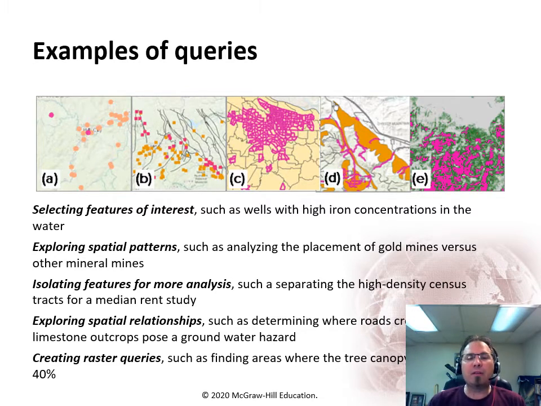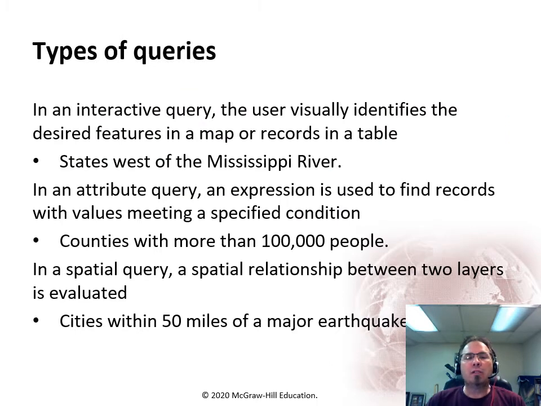All right, so this chapter is about how to ask the questions. There's a couple different kinds of queries. You have the interactive query, based upon records, where you can click on a map and select things. Click on the states west of the Mississippi River.